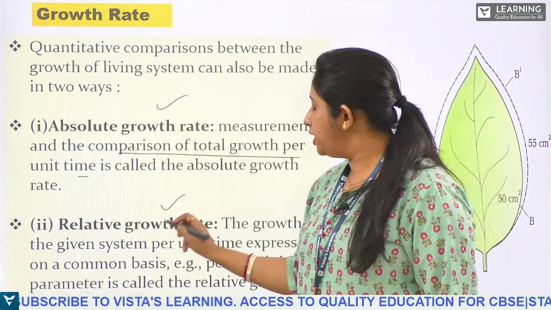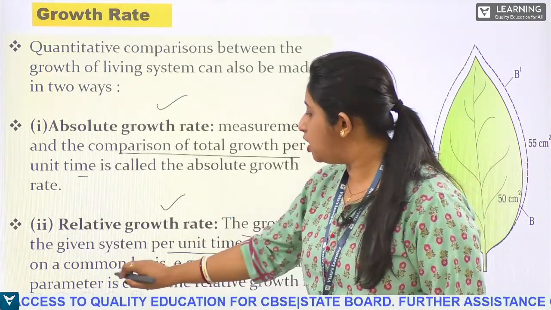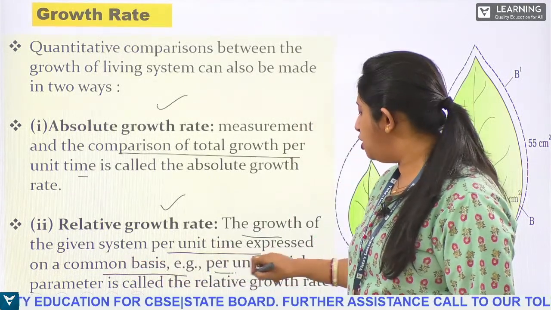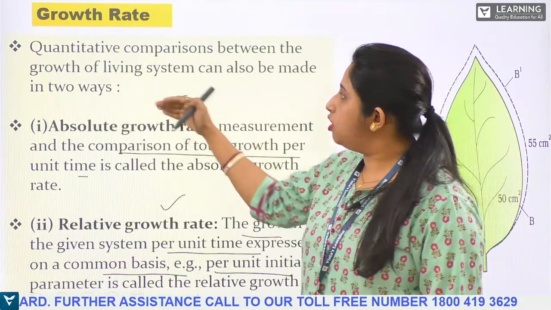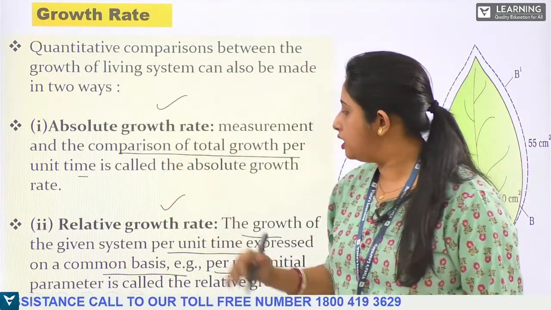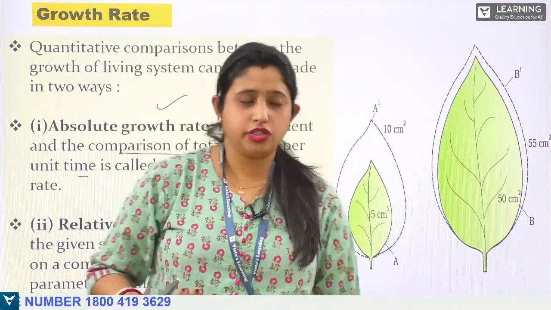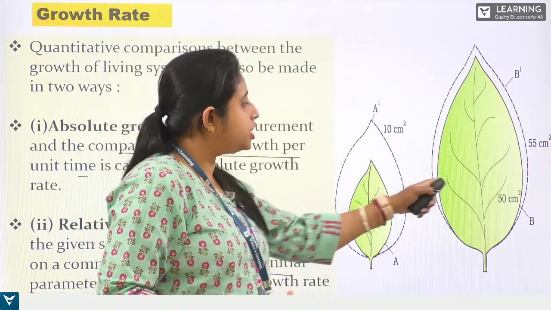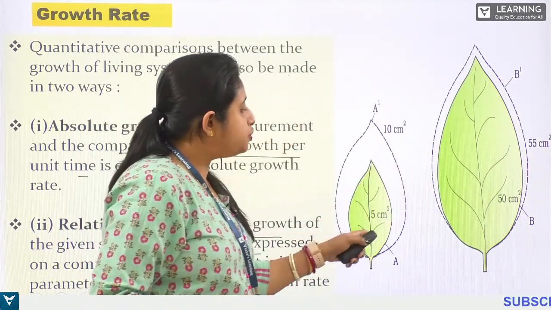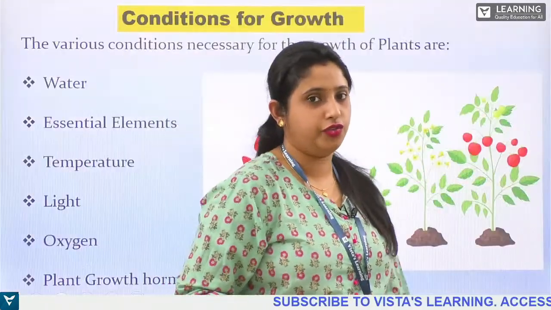And the relative growth is the growth of the given system per unit time expressed on a common basis, for example per unit initial parameter, okay. So depending on the absolute growth rate and the relative growth rate, we can measure the growth rate of an organism. As you can see, the surface area of the leaf is being measured and we can calculate the growth rate of that leaf, right?